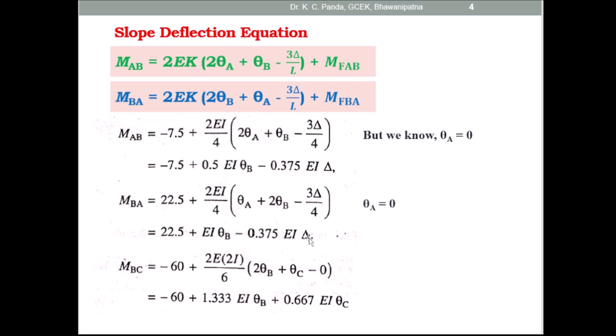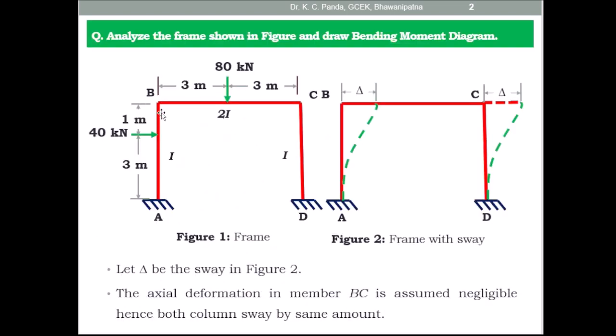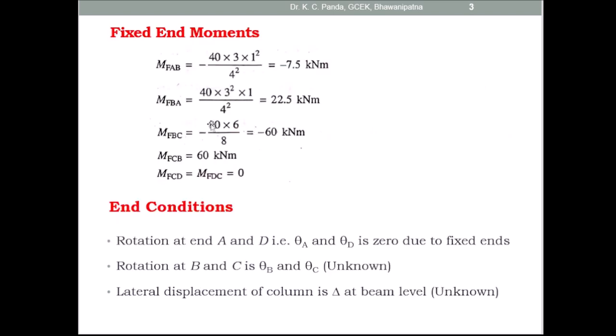Then find out MBC. MBC is equal to MFBC plus 2EI by L into 2 theta B plus theta C minus 0. So there is no extension of the member. In a horizontal member, the delta is equal to 0. So you know MFBC is equal to minus 60 kilonewton meter.